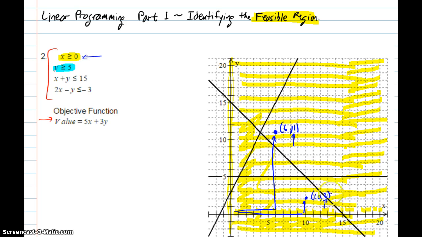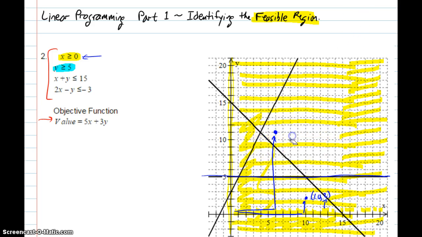So where do I find everything bigger than or equal to 5? Well, this line that we drew here, straight across, that's y equals 5, and if I want y to be bigger than 5, I got to shade everything above that. Here's the thing. I need points that satisfy both x is bigger than 0 and y is bigger than or equal to 5. So I want to keep things to the right of the y-axis and above that line y equals 5.